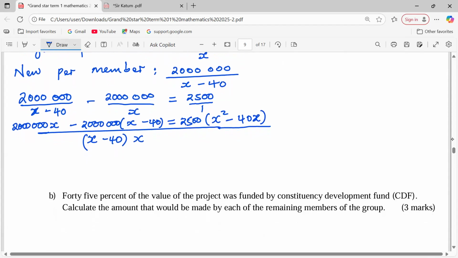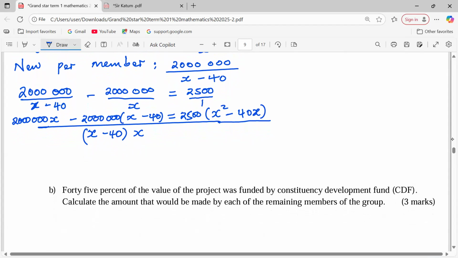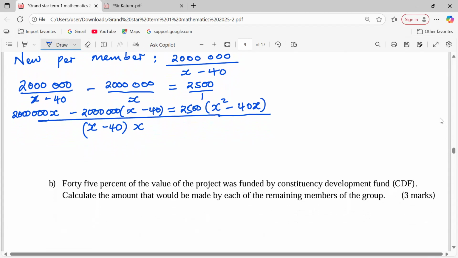At this point now, we can drop the LCM, then we open brackets and later group terms together. So I proceed to that stage now, whereby I'm having 2 million x minus 2 million x.